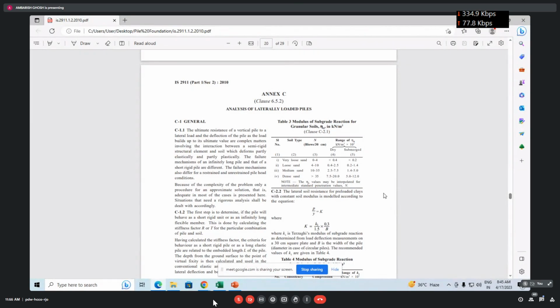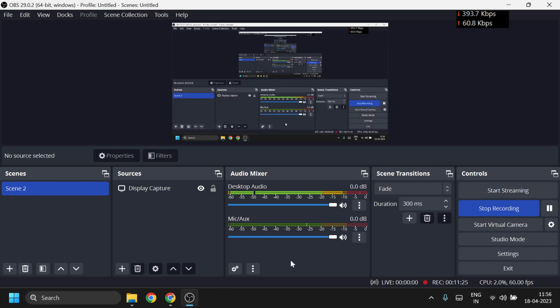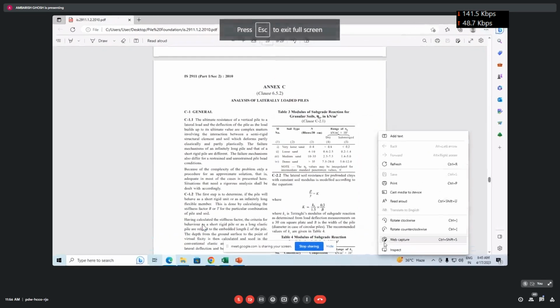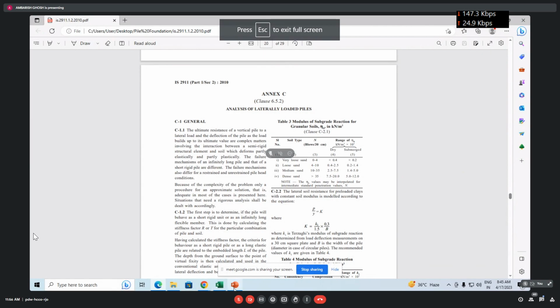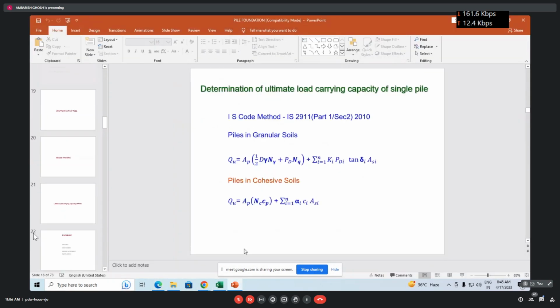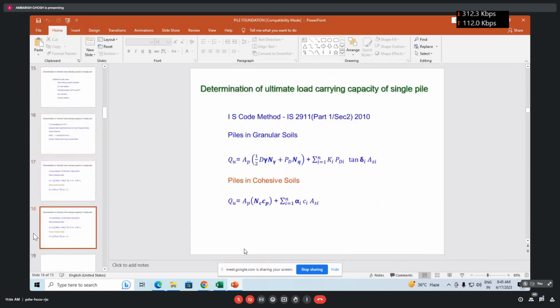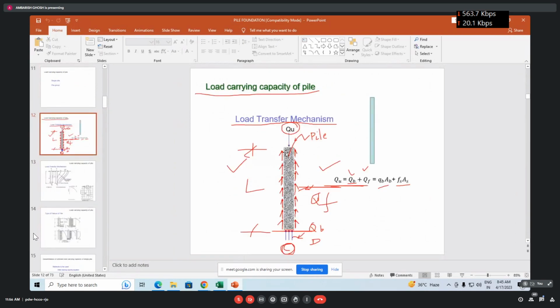Now if you look into the mechanism of how the failure will take place in case of lateral load, where will the resistance come from? In the earlier case, you are giving the vertical load, so the resistance is coming from the friction and point bearing.